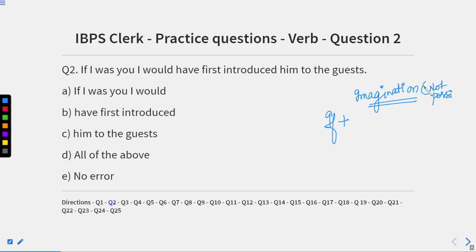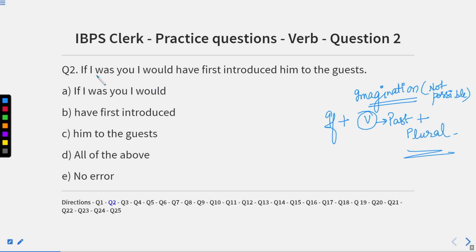For example, if I say if I were a bird, obviously I cannot be a bird, but it is just an imagination. So in that case, whatever verb we use over here should be past plus plural. So these two conditions should be fulfilled. They should be past as well as plural. They cannot be singular at all.